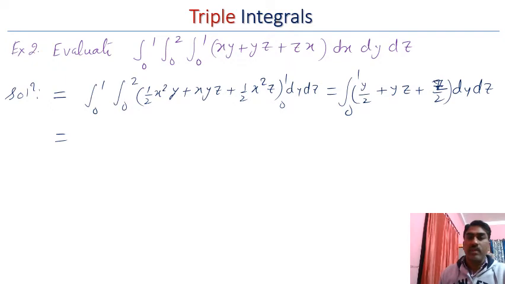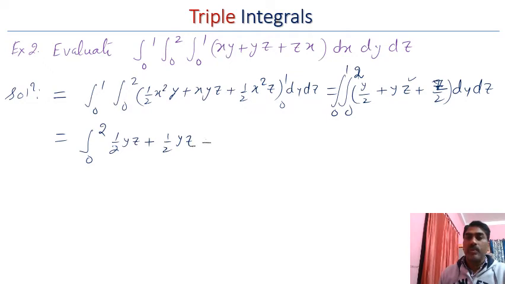So let us evaluate first with z. The limit is 0 to 1 for z, and 0 to 2 for y. We want to evaluate with respect to z first. So y by 2 plus 1 by 2 yz plus z by 2; this z will integrate and give z square by 2.